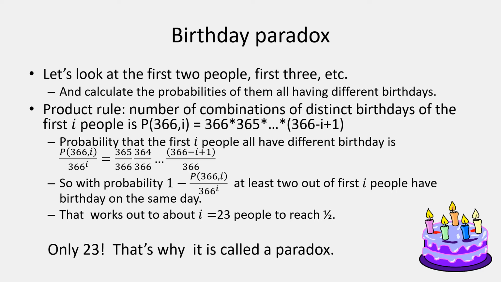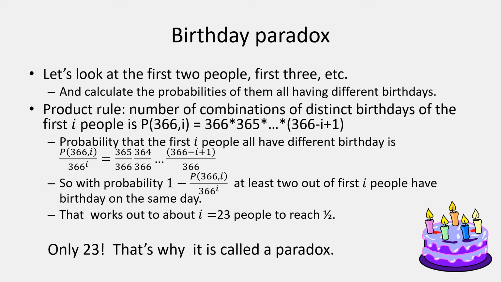Well, you select the day for the first person, and the probability that the second person has a birthday on a different day would be 365/366, because this is all days in a year minus the day on which the first person had the birthday.